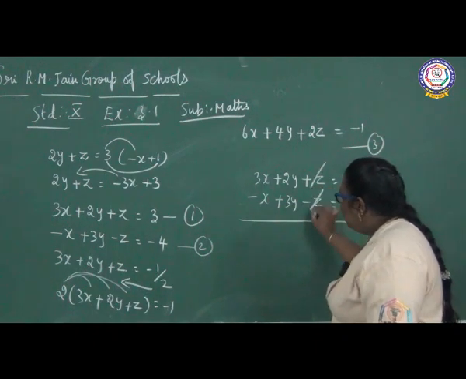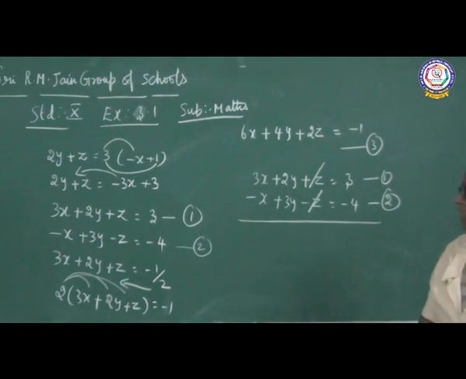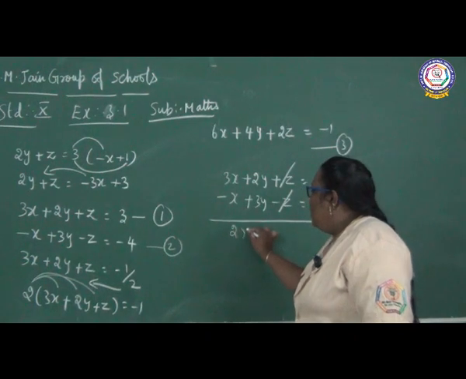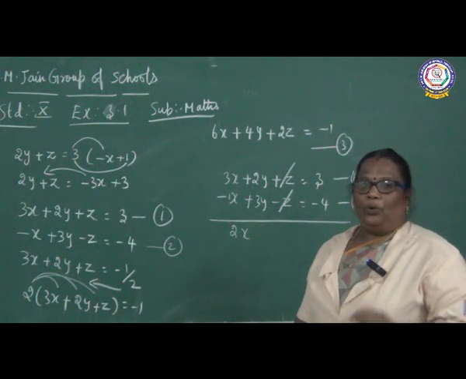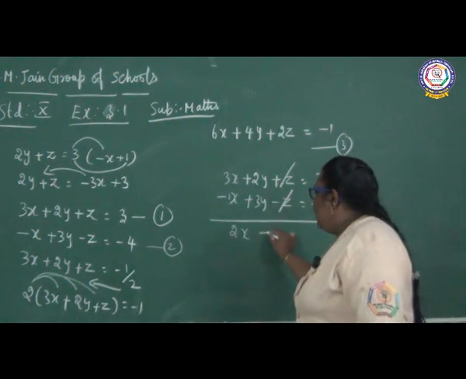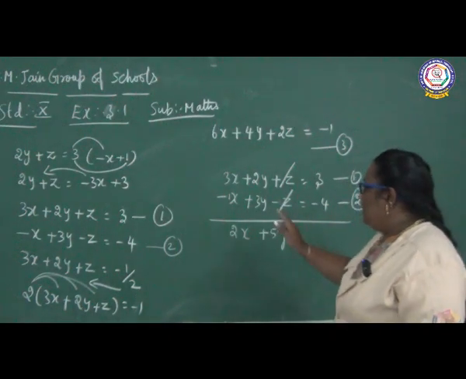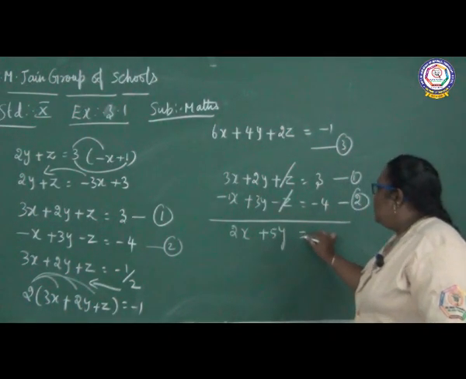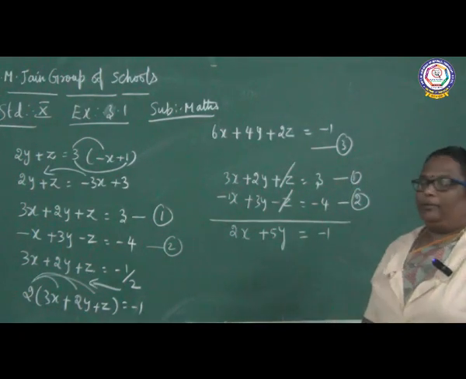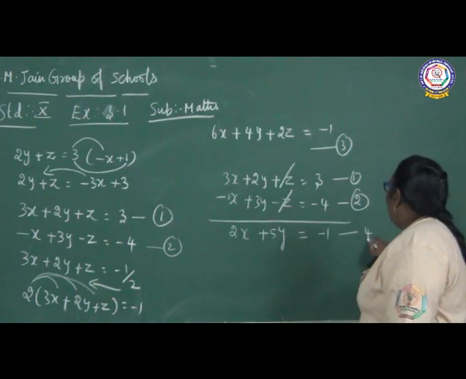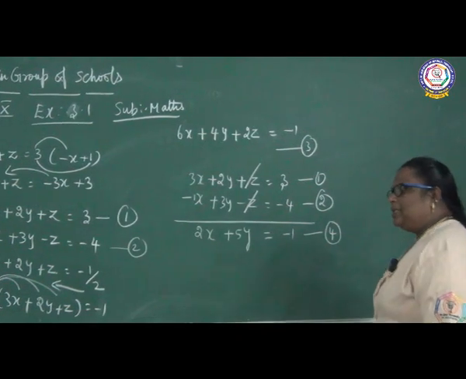Plus z and minus z get cancelled. 3x minus 1x is 2x. 2y plus 3y is 5y. 3 minus 4 is minus 1. So 2x plus 5y equal to minus 1. You can take this as the fourth equation.